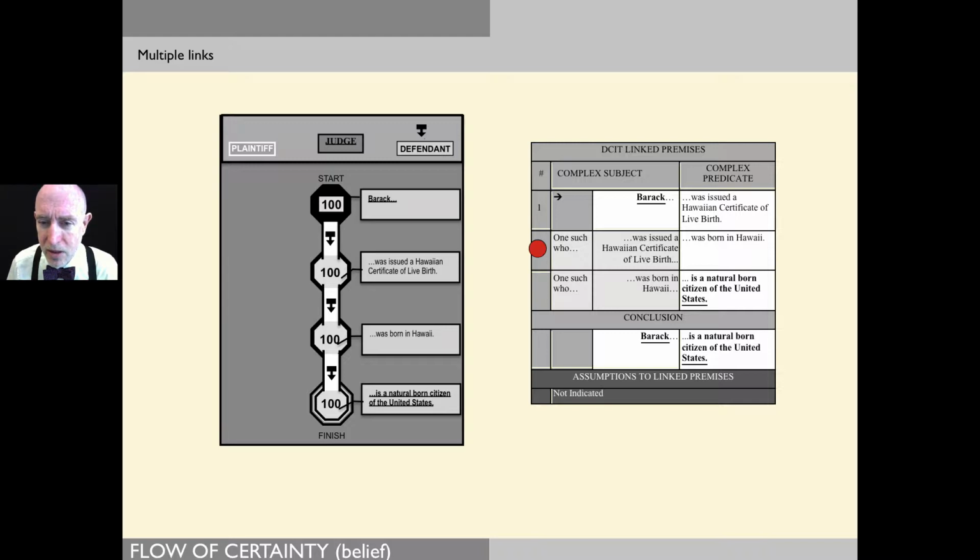Number two, one such who was issued a Hawaiian certificate of live birth was born in Hawaii. And number three, one such who was born in Hawaii is a natural-born citizen of the United States. Therefore, my conclusion is Barack is a natural-born citizen of the United States.